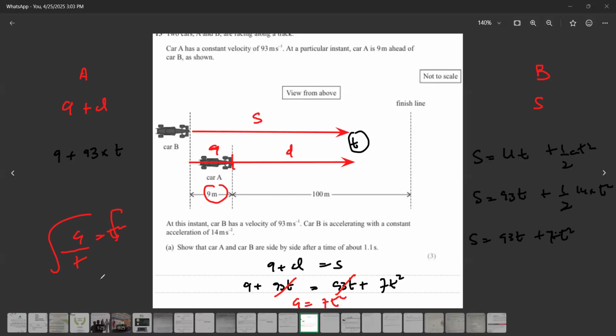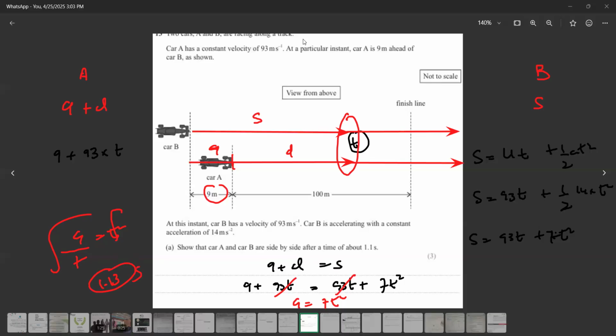So 1.13 seconds is the time when these two are side by side, but we don't know whether they're side by side before the finish line or after the finish line. We just said that they're side by side after 1.13 seconds. That is the first part.